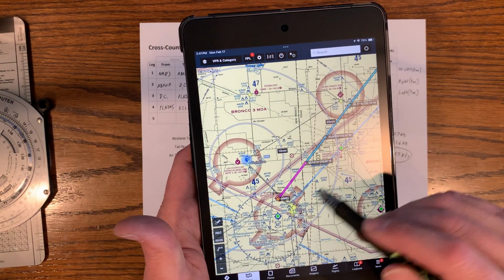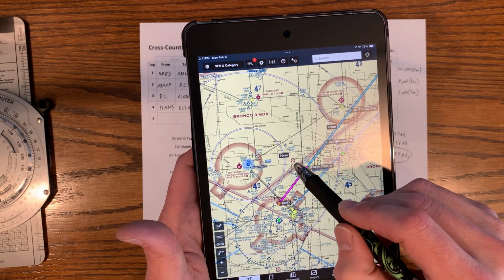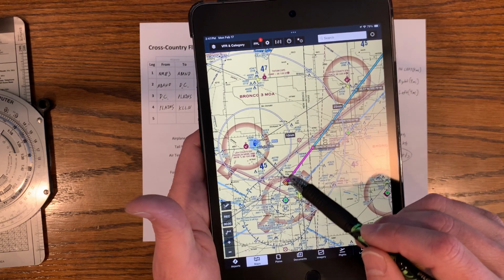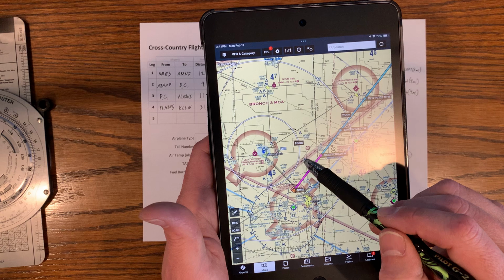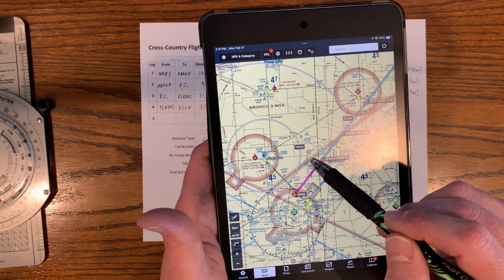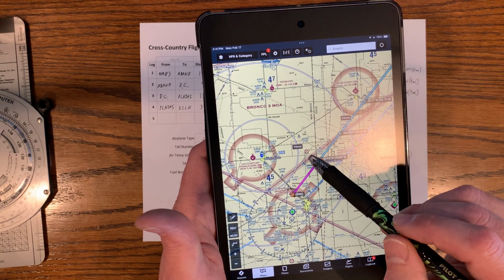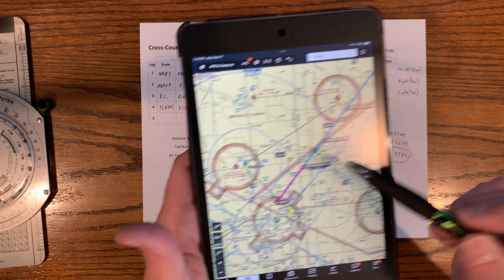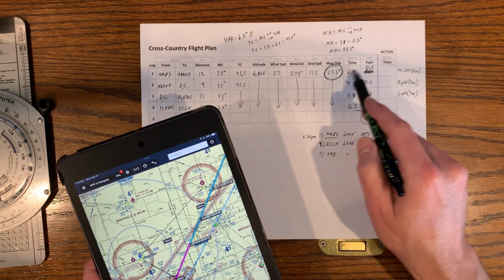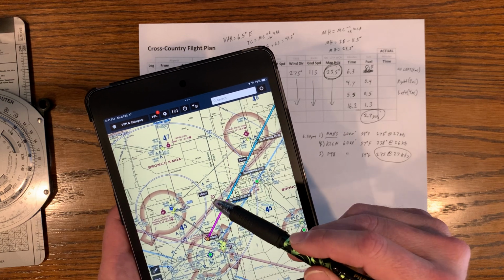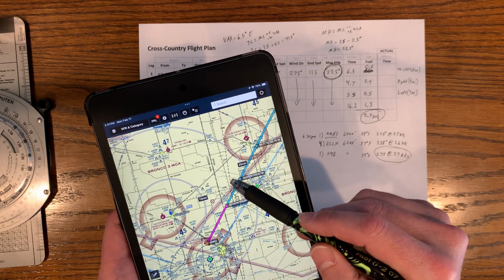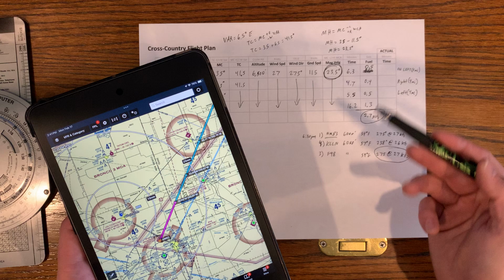Understand that? So maybe if I can find that abandoned airfield, it may be that I should have flown out here and gone straight to that abandoned airfield, and that's my first checkpoint. Really, I could ignore this first part, and I start my checking right there. I start my time, and then I go from point to point to point. So maybe something like that.